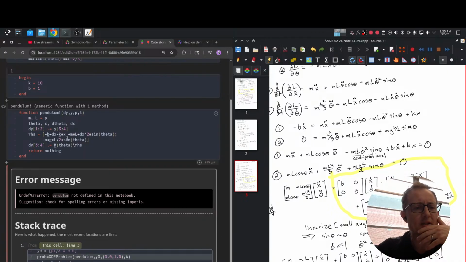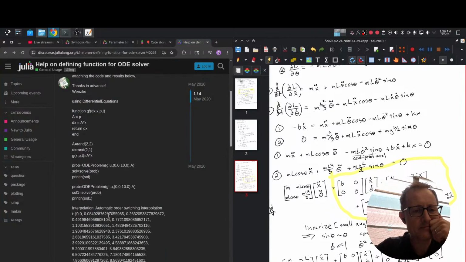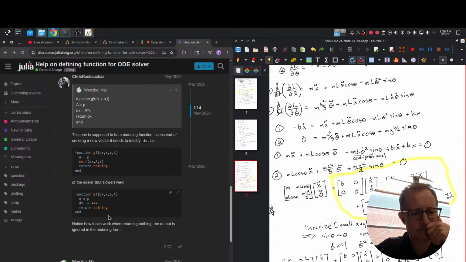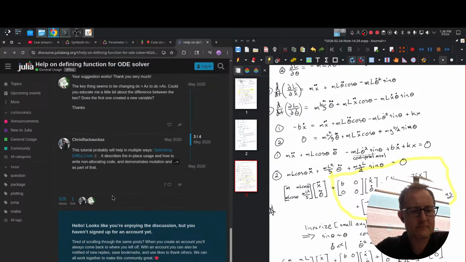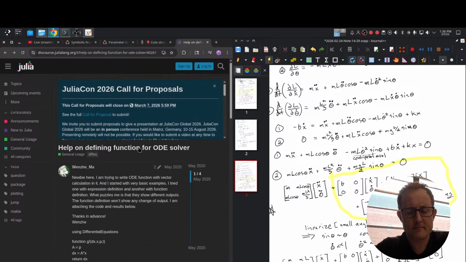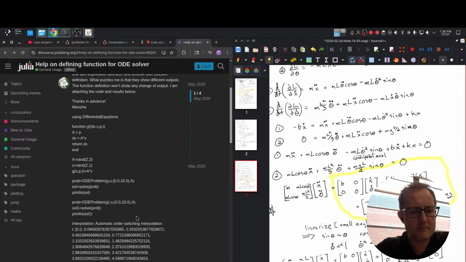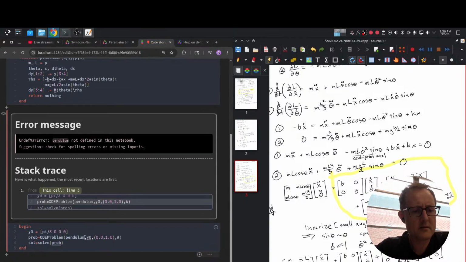Why is it telling me that pendulum is not defined when it is absolutely defined? Oh, maybe I need the exclamation point.